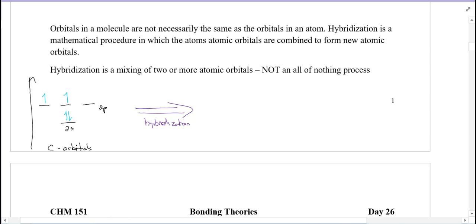We're just using math to make 4 equivalent hybrid orbitals, 1, 2, 3, 4, and we're going to call them the 4 sp3 hybrid orbitals. There's 1 s and 3 p, so we just call it sp3. Makes it easy. 1, 2, 3, 4 electrons. So we go from the left picture to the right picture, and now we have 4 bonding opportunities, which is very important.